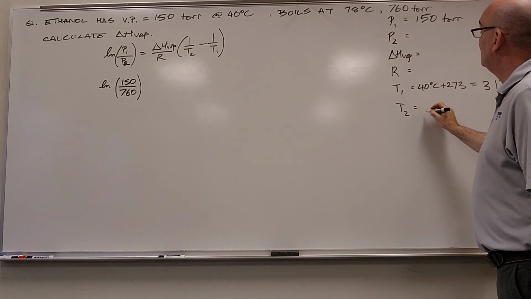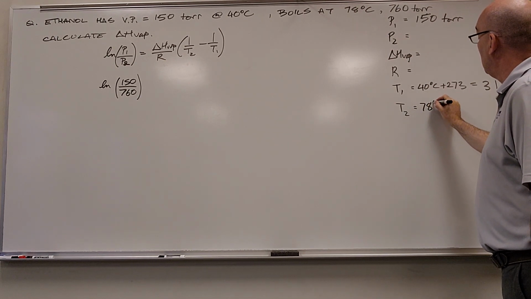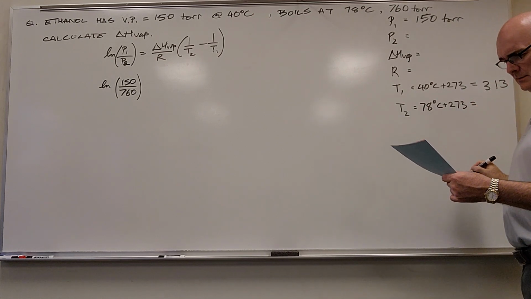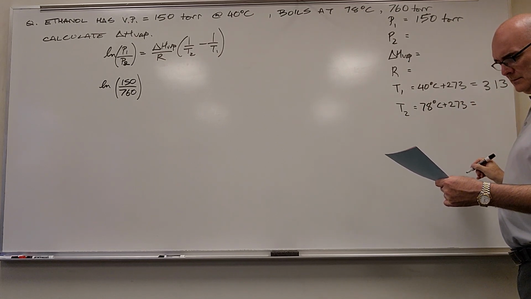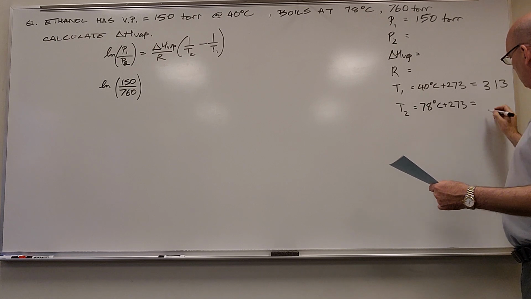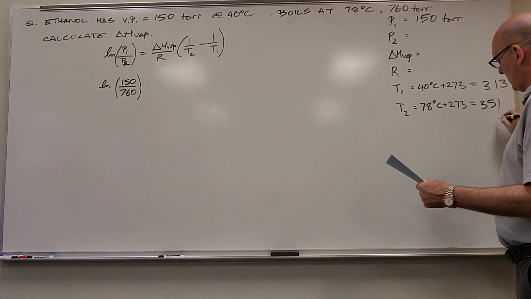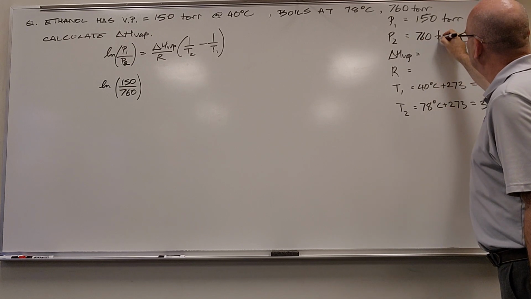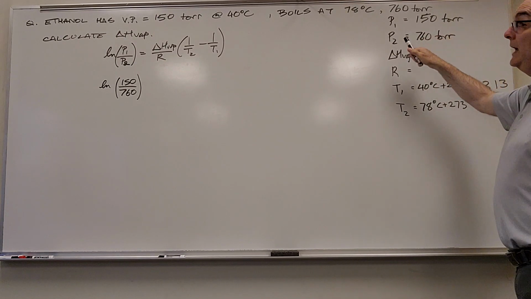That means T2 is 78 degrees Celsius plus 273, which is equal to 351. And P2 gets to be 760 Torr.